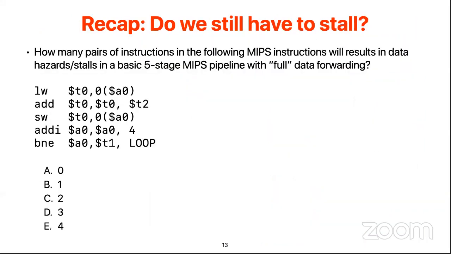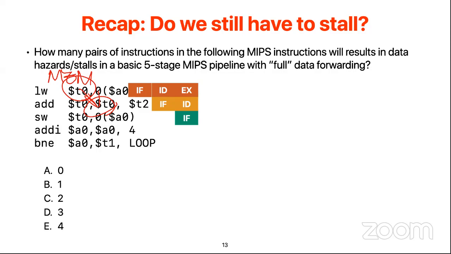But there are still cases where, even though we can fully forward data, we still have a problem. Look at this. If this is the load instruction in the first cycle, we know there's a data dependency between them. But for the load instruction, we can only generate its correct outcome after the memory stage.